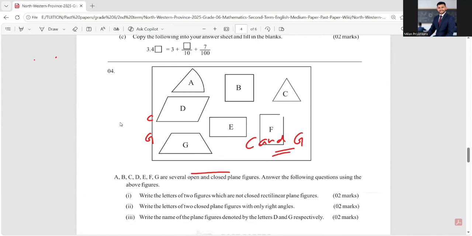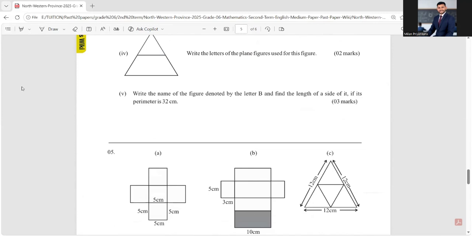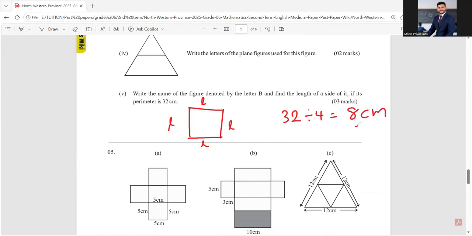Its perimeter is 32, which means when you add up all these lengths, let's say this L, this L, this L, this L. So when you add all these four L's, you get 32. And therefore, the side length must be 32 divided by 4, then it should be 8 centimeters.